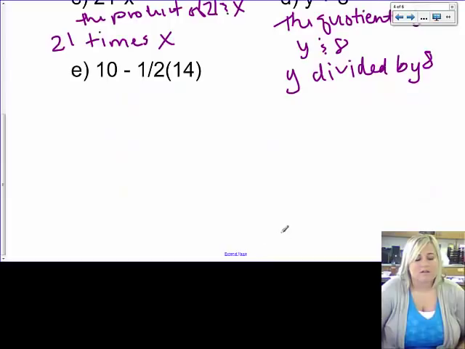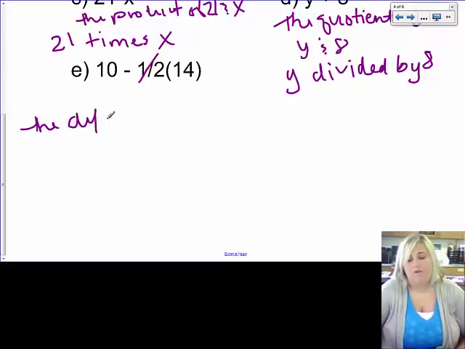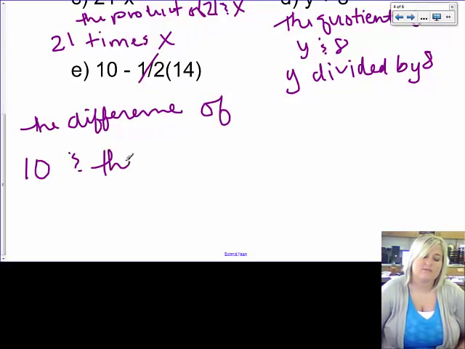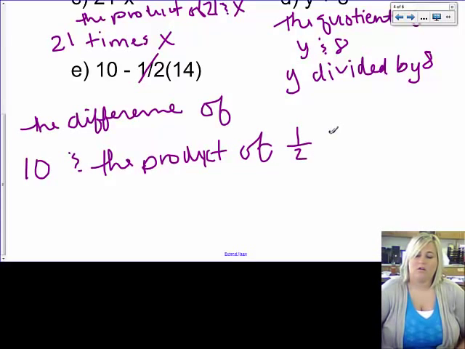And on the last one, I'm trying to give you a tricky one here. So first of all, we know that we're subtracting and we know that we are multiplying. This is supposed to be a fraction, in case you didn't see that. This is 1/2 here. So I could say the difference of 10 and the product of 1/2 and 14.